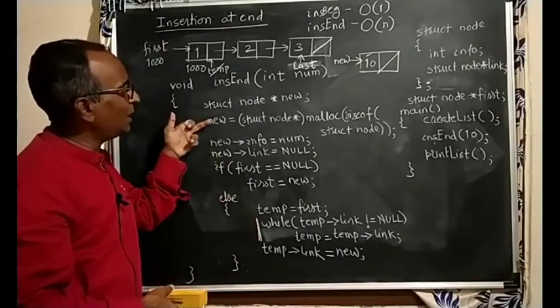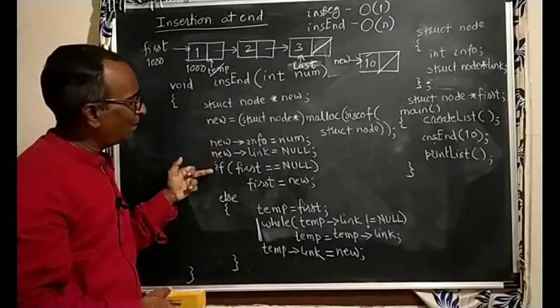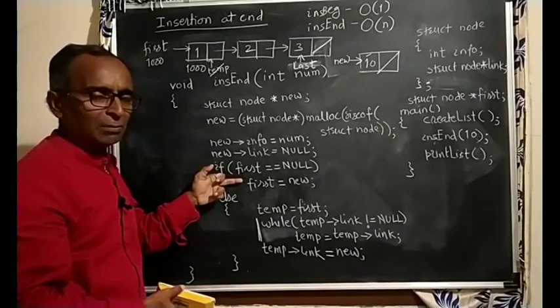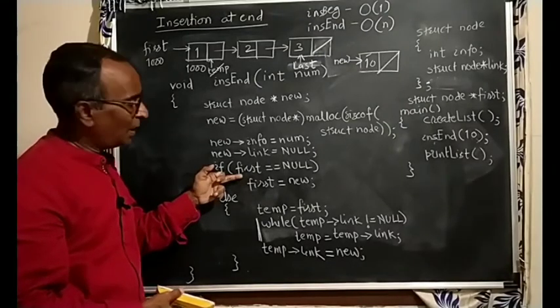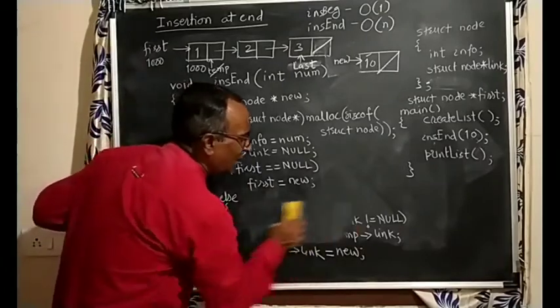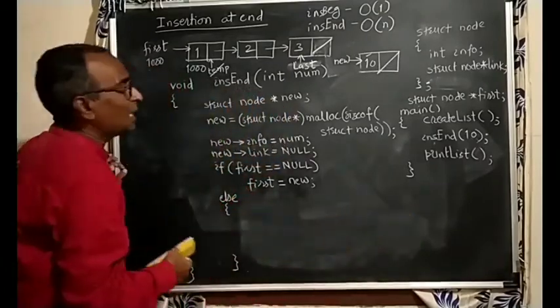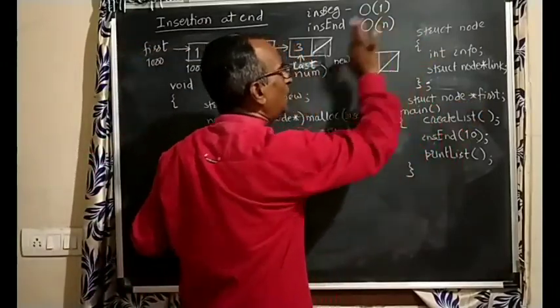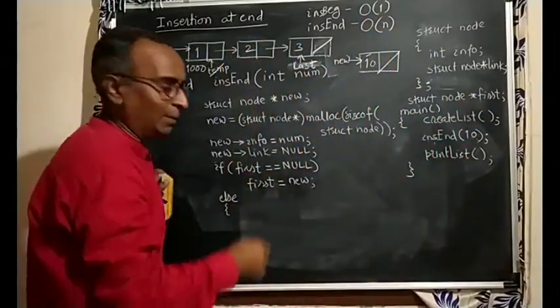New node is created, new node is set. If first is equal to null, it means the linked list is empty, then you are setting first; or else this is not needed here. Why? Because you already have last node's address. Suppose you are maintaining last node's address globally.